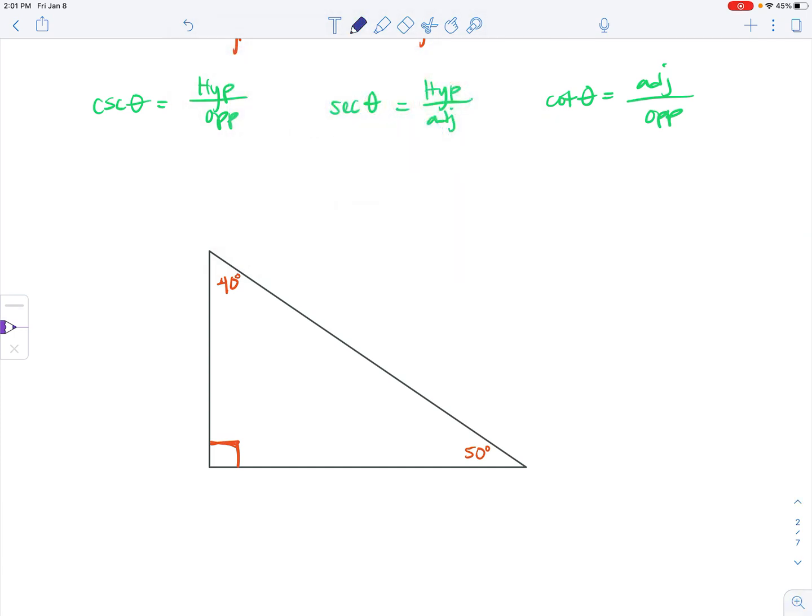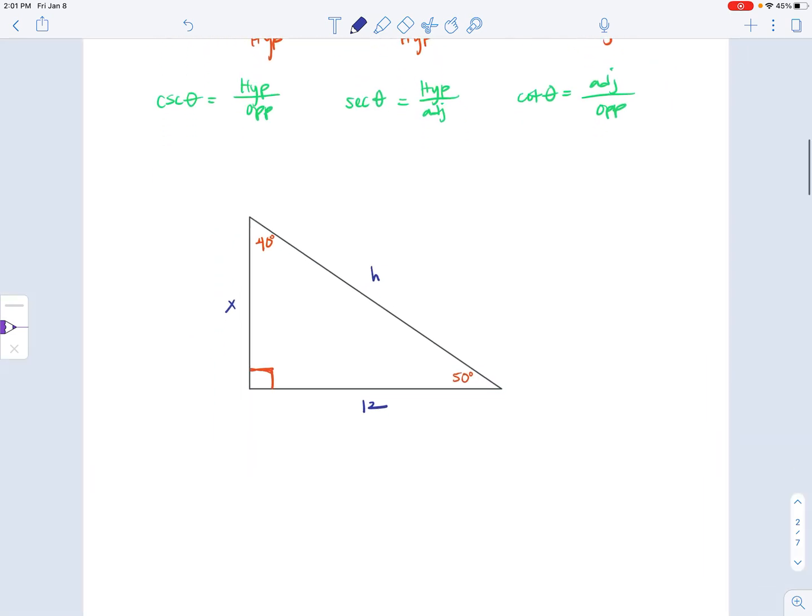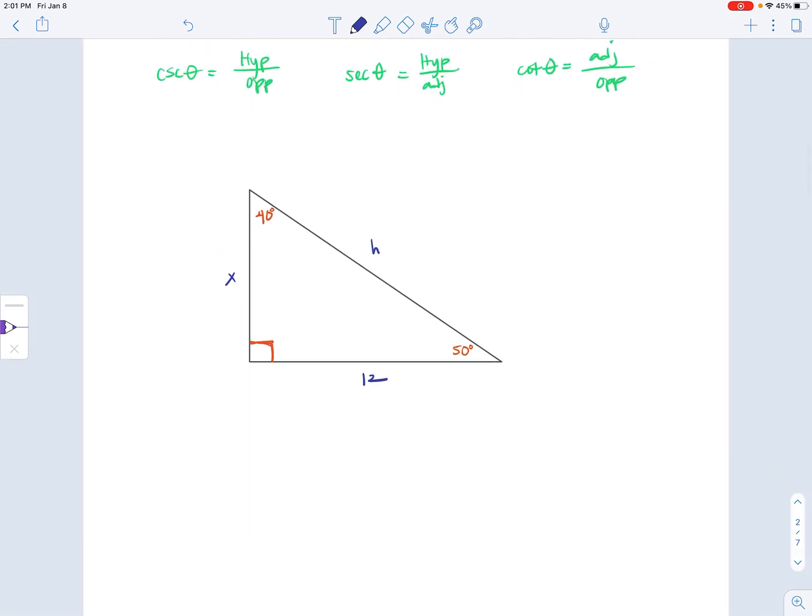And let's say that you knew this side was a length of 12, so the side opposite, but you don't know what this side is, and you don't know what the hypotenuse is. I'll call the hypotenuse H.